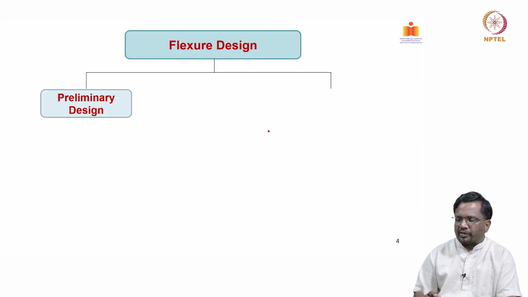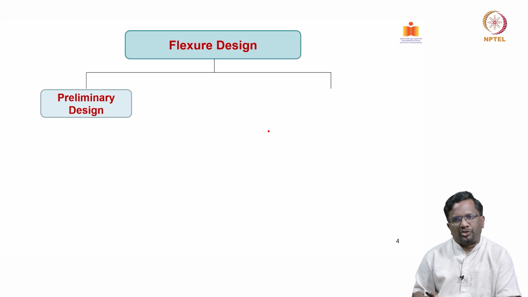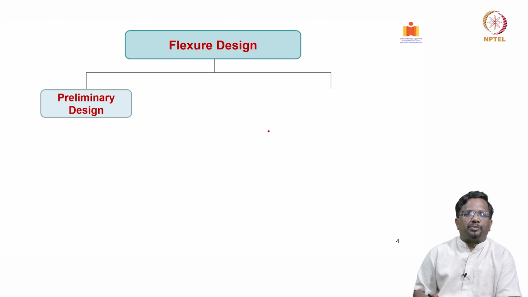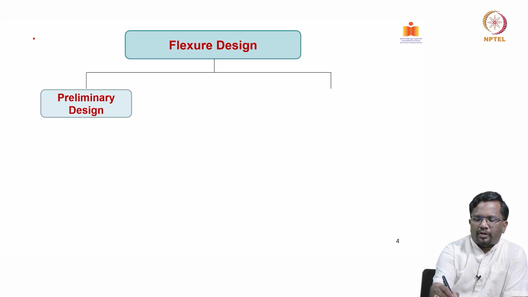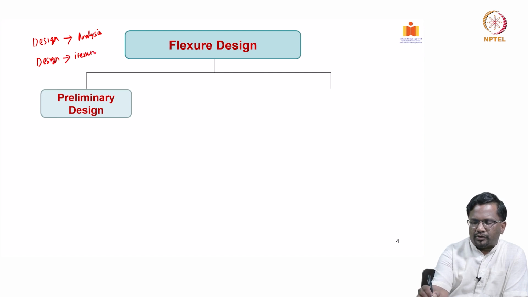In flexure design, we categorize them into two steps. The first step is basically preliminary design. When you talk about design, you have to keep in mind that what we are actually doing is analysis, and design is an iterative process.